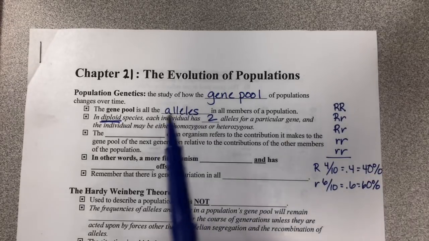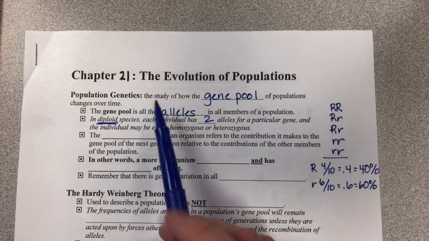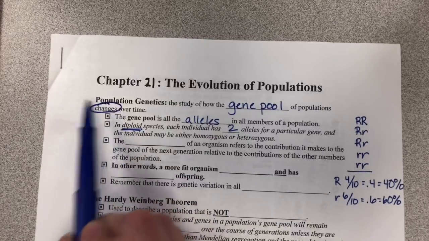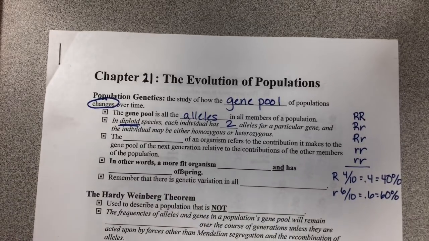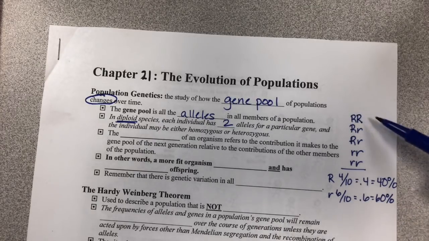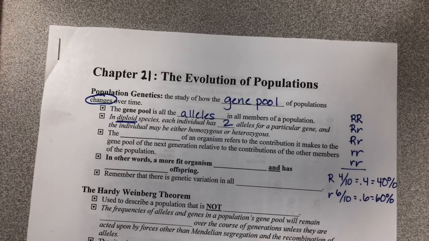Now let's go back up to the definition of population genetics: the study of how the gene pool of a population changes over time. This is our original population with 40 and 60, but let's say something occurs in the environment so that it's more beneficial to have a big R. What's going to happen to the big R over time if it's more beneficial?